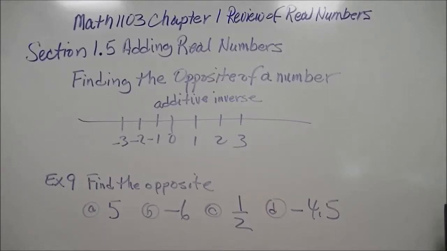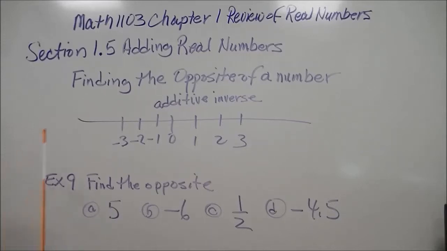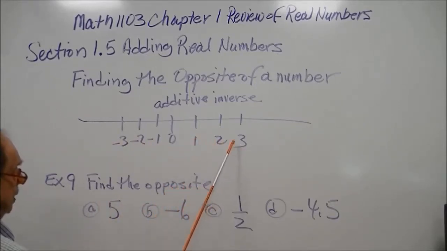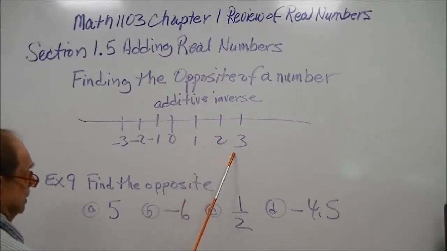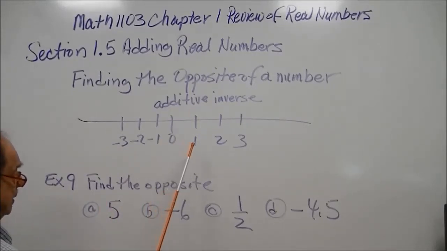As we move on in this, a review of a topic we had mentioned earlier, finding the opposite of a number. Well, we said our natural numbers are 1, 2, 3, whole numbers 0, 1, 2, 3, and then we define the numbers on the other side of the 0 as negative numbers, and the opposite of whole numbers and their opposite are the integers.